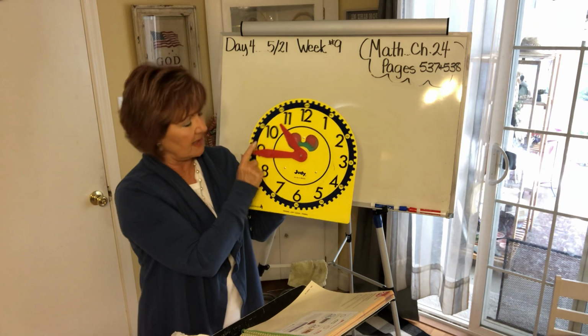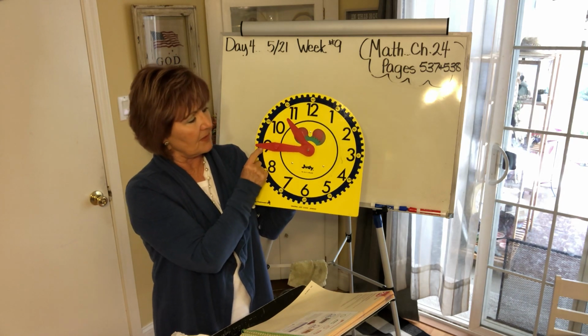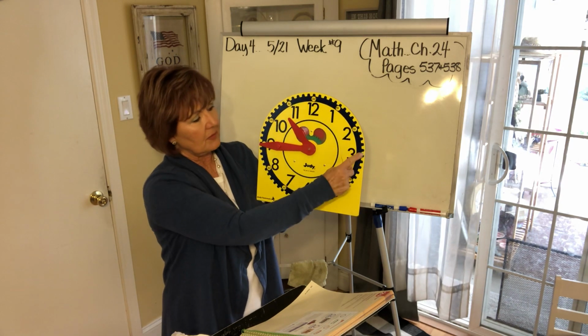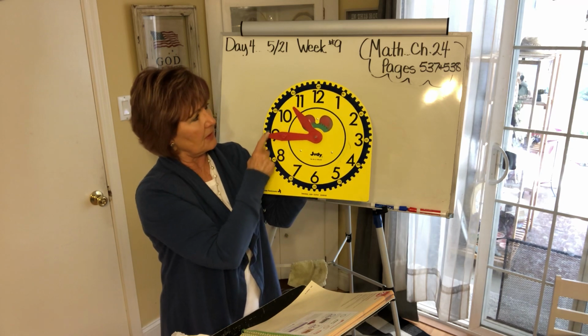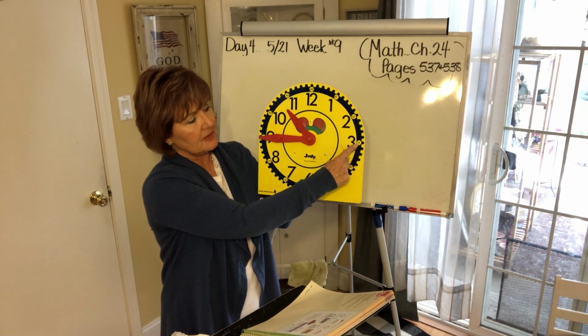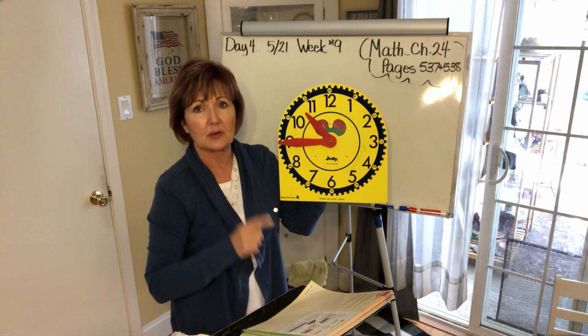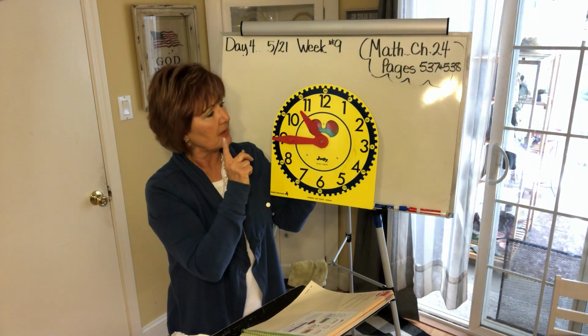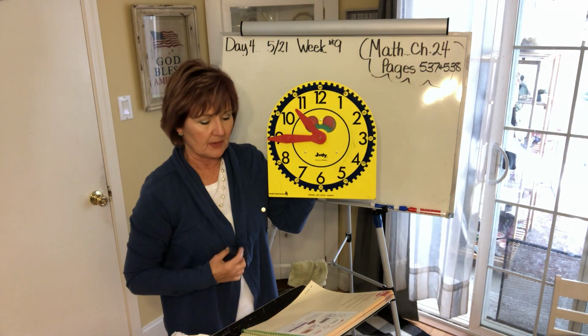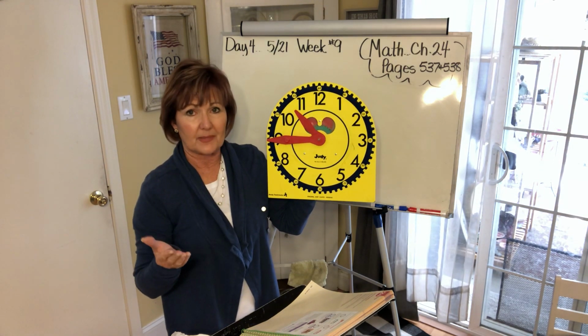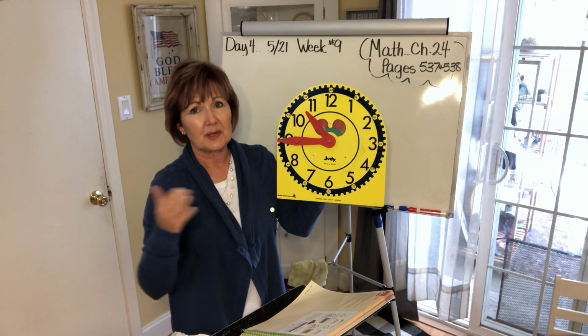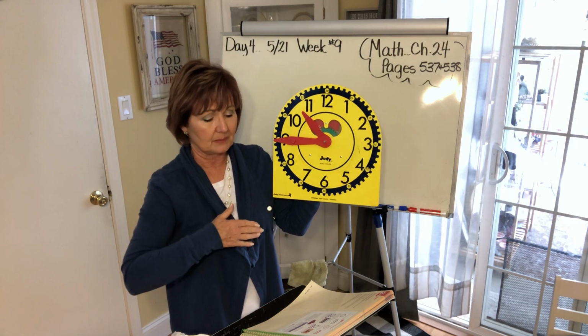So it is 10, how many minutes? 45. Remember? 15, 30, 45, if you're counting the quarter hours. So it is 10:45. Would that be AM or PM? AM is before noon, PM is in the evening, so AM.